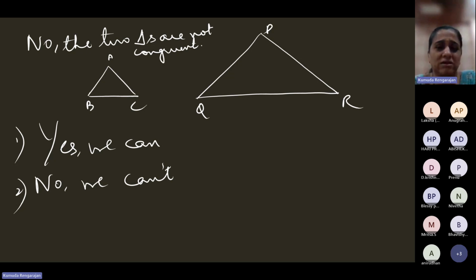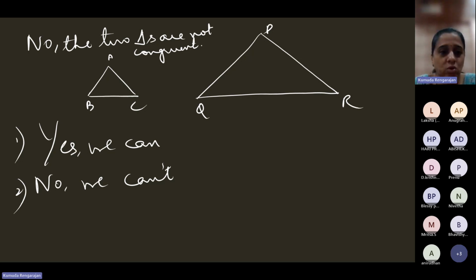No, we can't say because no information is given is one option. These three options. These two diagrams are given and the options are, yes, the triangles are congruent. The second option, no, the triangles are not congruent. And the third option is, no, we can't say. Because nothing is given, how can I say? Maybe, may not be, I don't know.